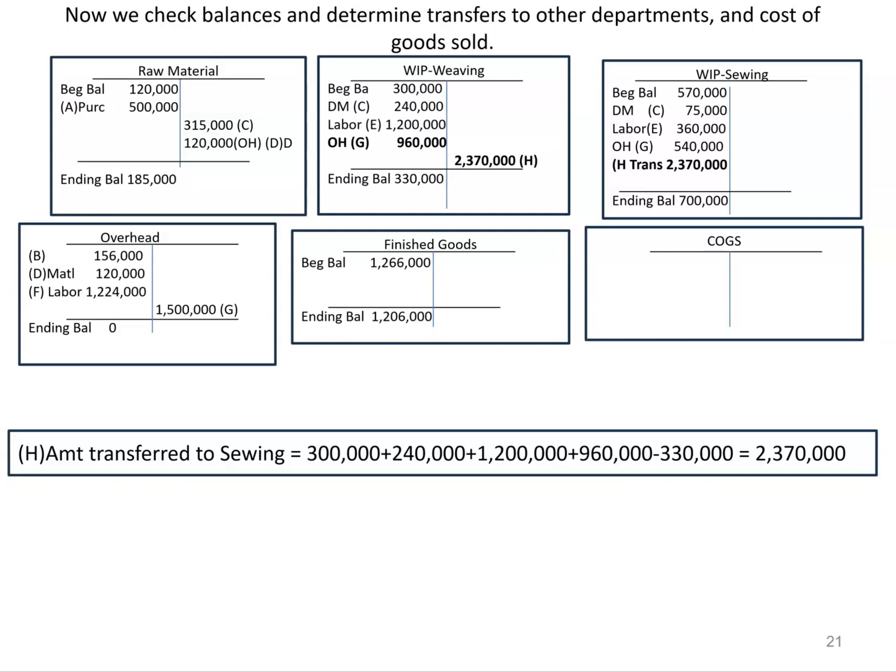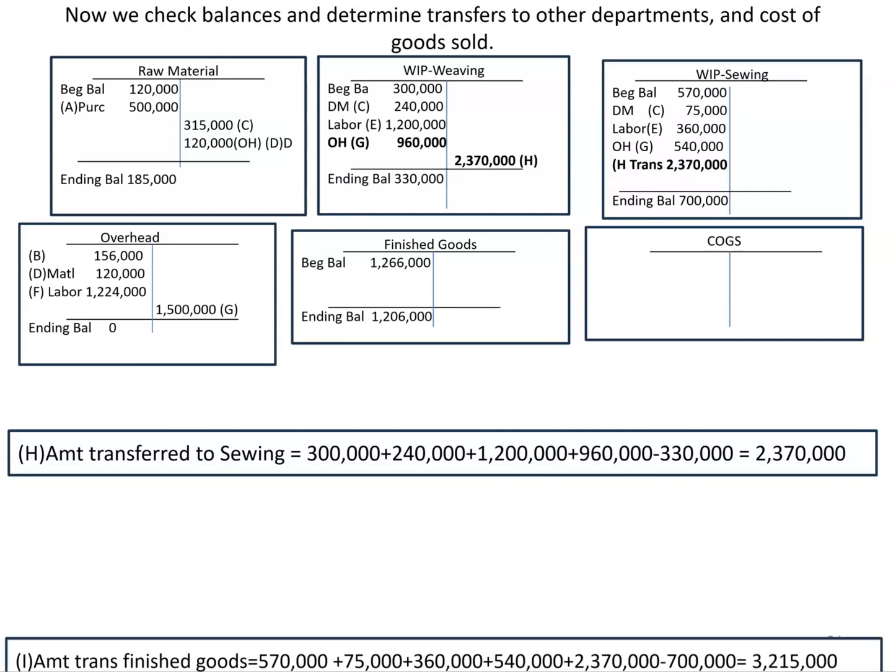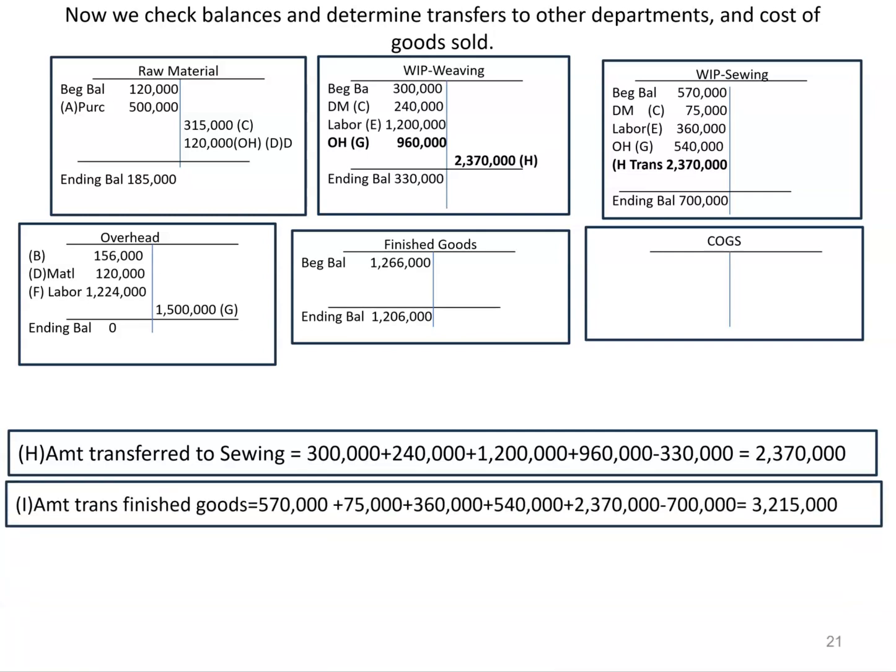Now we're going to determine how much was transferred from sewing to finished goods. We're going to take our $570 plus our $75 plus our $360 plus our $540 plus our $23.70, and again remember to back out the ending balance.